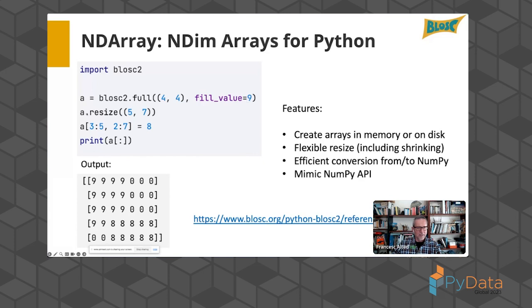Then we see that we can resize the array to make it larger, and it also supports setting operations. So here we have an example of the output. Here are the 9s of the initial array. Then the resize operation filled the expansion of the array with zeros.